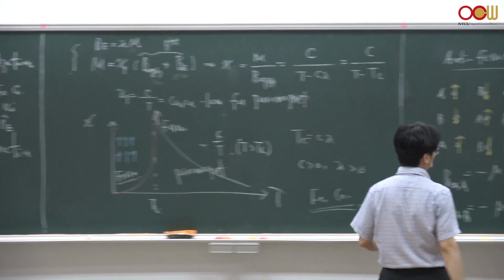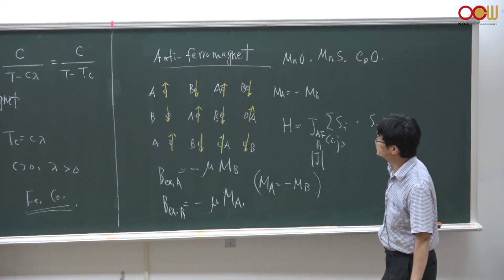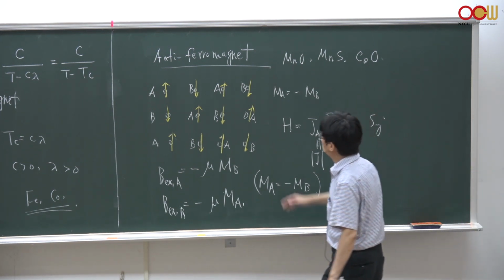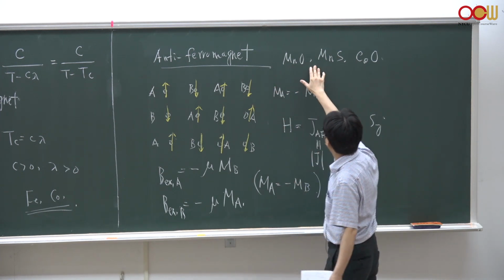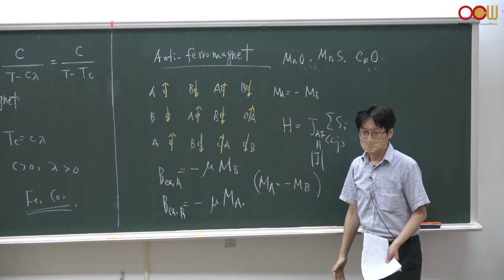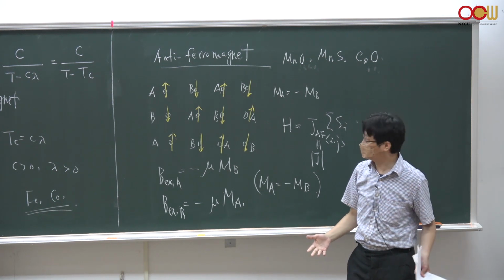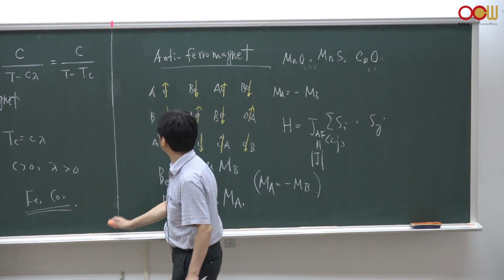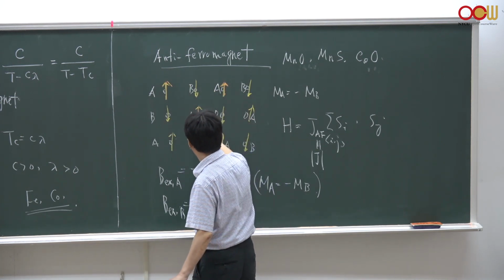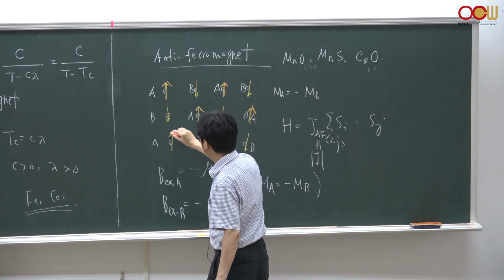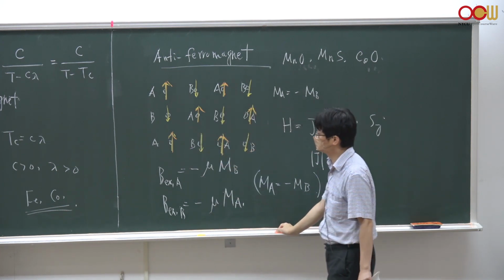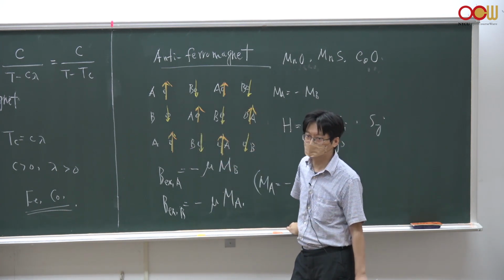So let's look at the third type of magnetic material called the antiferromagnet, which is very much related to the ferromagnets, except now for those materials such as manganese oxide or copper oxide, we have two sublattices, and each sublattice looks like a ferromagnet. For example, you have a sublattice A, where all the spins point up, but you have another sublattice B, just next to sublattice A sites, where all the spins point down.